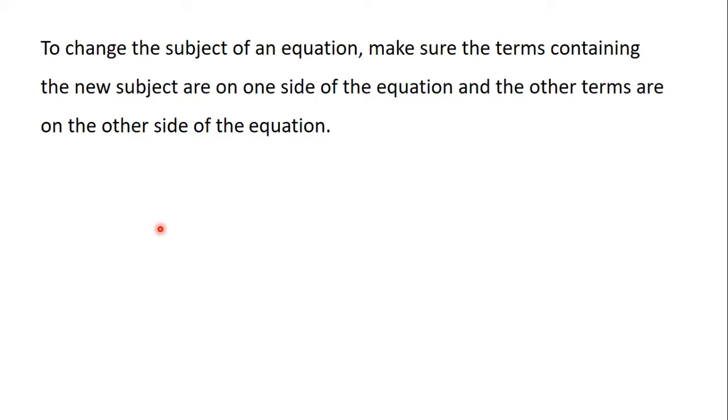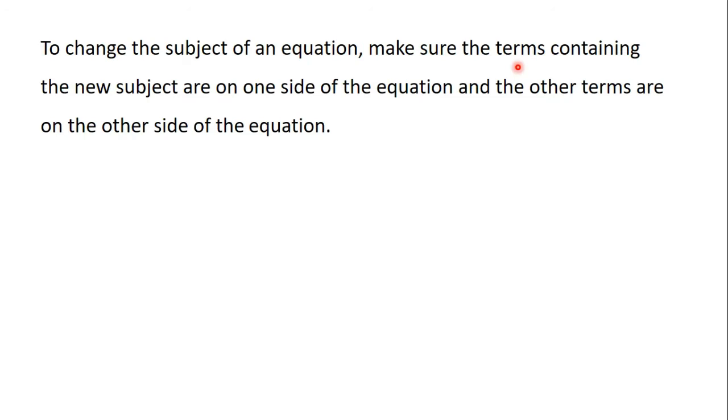To change the subject of an equation, make sure that the terms containing the new subject are on the one side of the equation and the other terms are on the other side of the equation. So to change the subject of an equation, you have to make sure that all the terms containing the new subject are on one side and the other terms are also on the other side. Now, what do we mean by a term? In the video on Introduction to Algebraic Expressions, we explain what a term is.